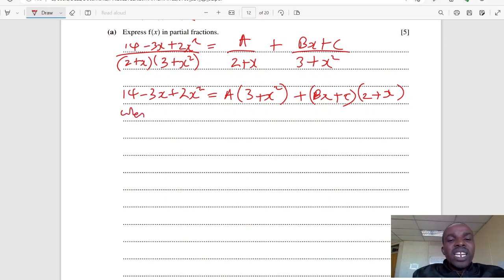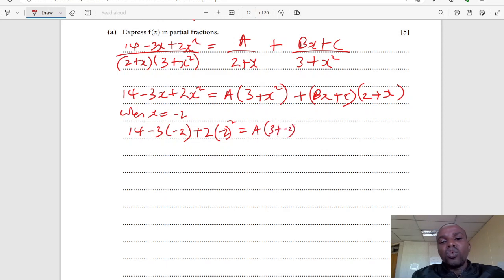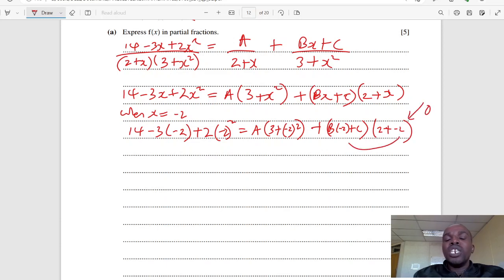So when x is equal to minus 2, it will be 14 minus 3 times minus 2. It means wherever there is x, I have to put minus 2, plus 2 times minus 2 squared, is equal to a times 3 plus minus 2 squared, plus bx plus c times 2 plus minus 2. Then this will be 0. So this whole item will be reduced to 0.